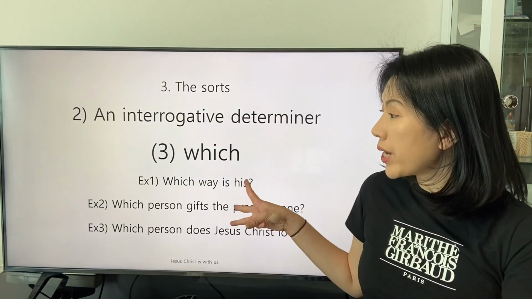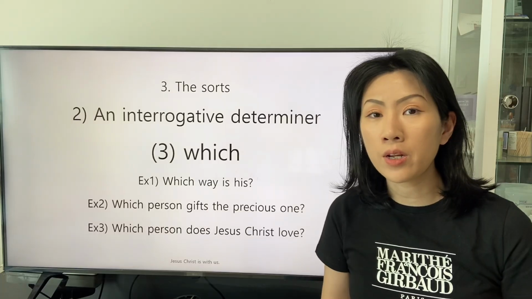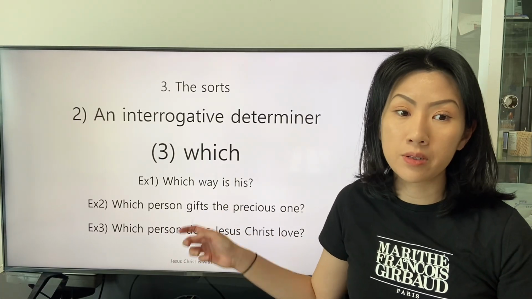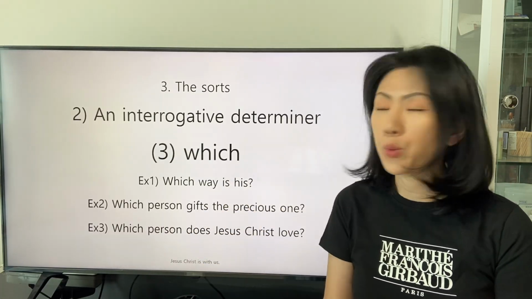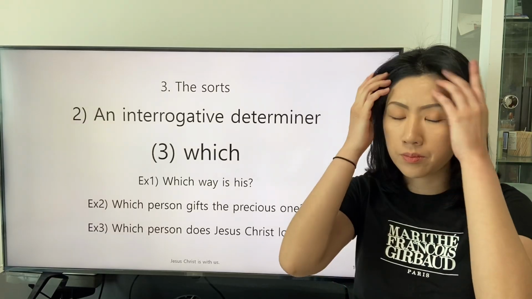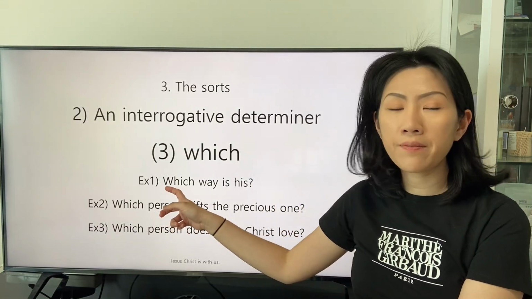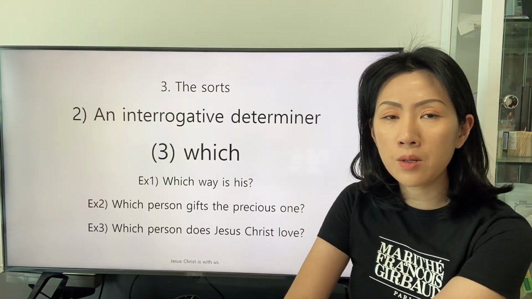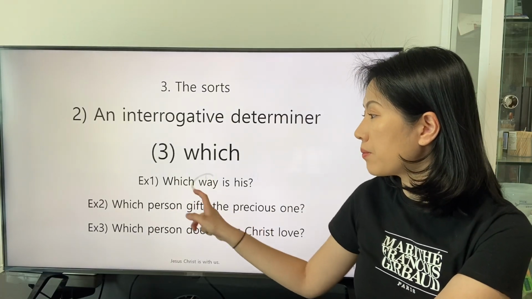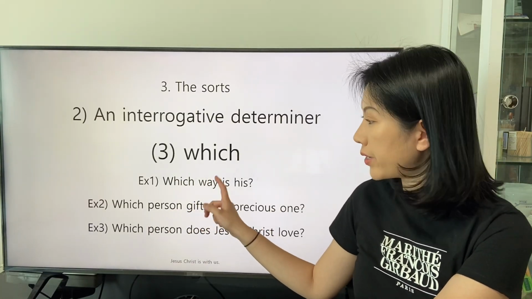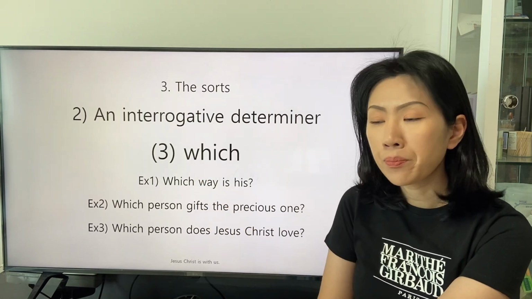There are 3 examples. Let's study with these 3 examples. The first one is this. Which way is his? In this clause, the interrogative determiner which is applied to describe the subject way.